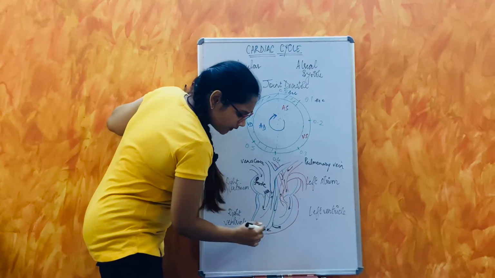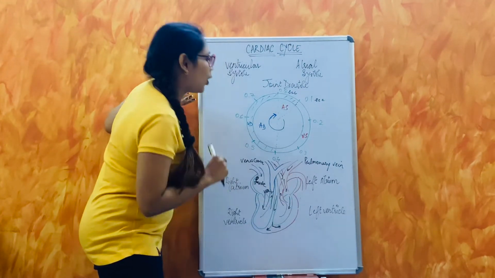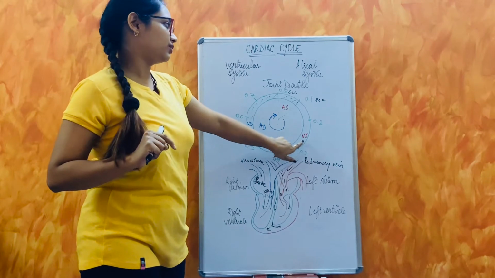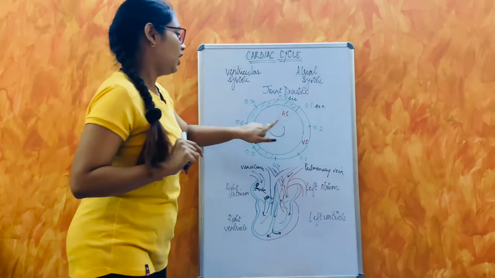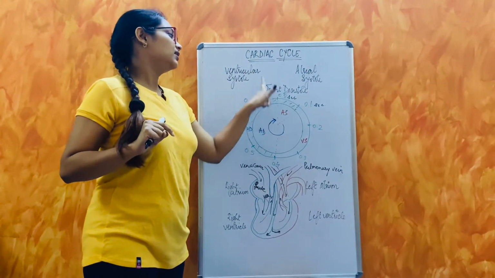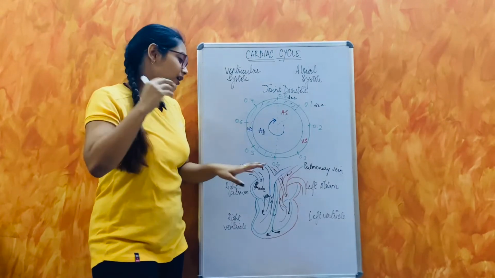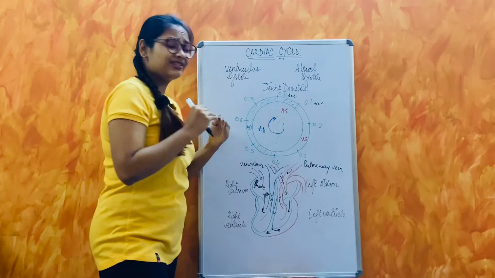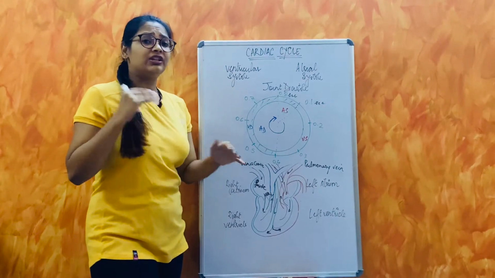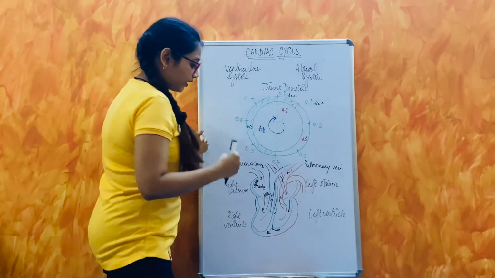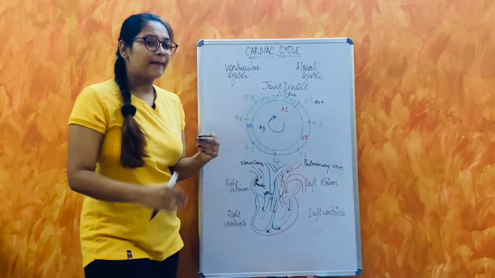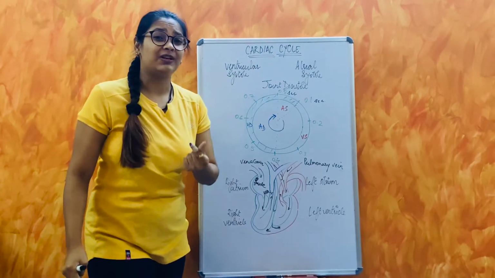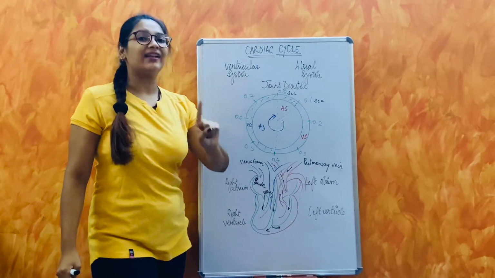So now it is the chance of the ventricles to contract. You have to understand that we are learning everything in slow motion, but there is not that much delay. Everything is happening very rapidly, because it is even less than 1 second.